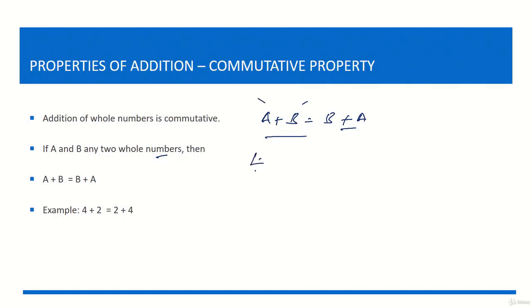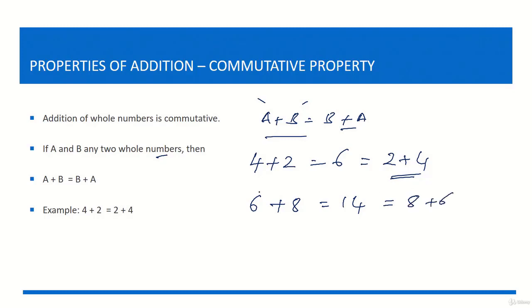For example, 4 plus 2 is equal to 6, which is nothing but 2 plus 4. Or otherwise, 6 plus 8 is equal to 14, which is nothing but 8 plus 6. You can take 6 at the beginning and add 8, or otherwise take 8 first and then add 6. The answer will be the same. This is called the commutative property.